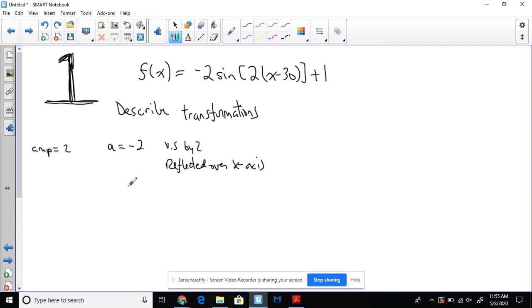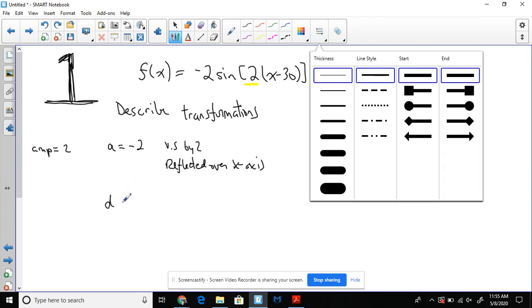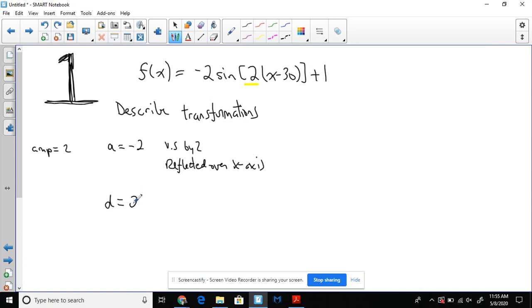So that's all right. Now I'm going to try to be consistent. I think I called this number D in the previous notes, so I'm just going to do that for now. So D is 2. Okay, so now remember, this was a horizontal compression by 2.